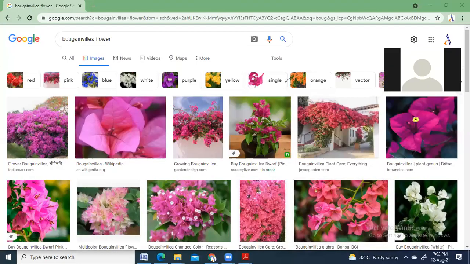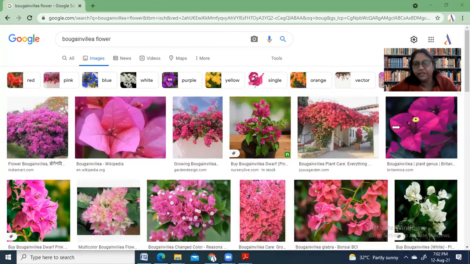Yes, ma'am. So you will be astonished to know that all our lives we have thought that this must be the petals of the flower, isn't it? The actual flower is this one. My pointer is visible, extreme right hand side, white color pointer. So this is the flower. This part which we think is a petal is not a petal, it is a bract.